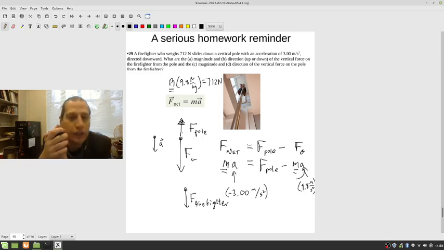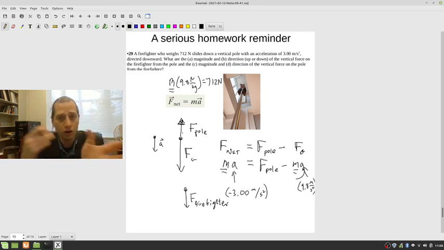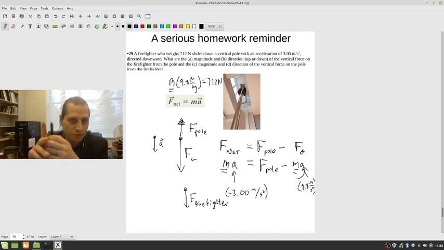Now again, why is it that the pole doesn't start accelerating? Well, it's because it's attached to the Earth, and the Earth is basically soaking up a lot of our forces. And so a lot of your paired forces you never notice because they're being essentially redirected to the enormous mass that is that of the Earth.